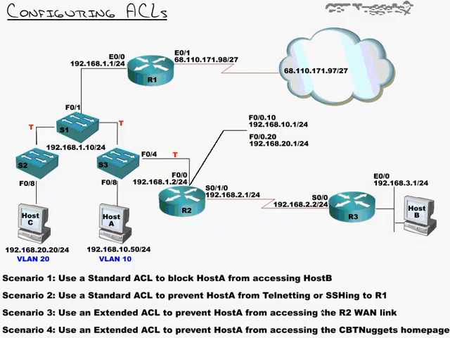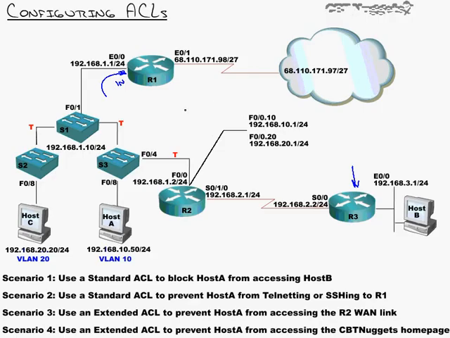So our goal is to prevent host A from telnetting or SSHing to router 1, but not affect any other access. If we were to apply a standard access list just like we did on router 3, saying deny 192.168.10.50 inbound on router 1, host A wouldn't be able to telnet into router 1, but he wouldn't be able to access the internet either.